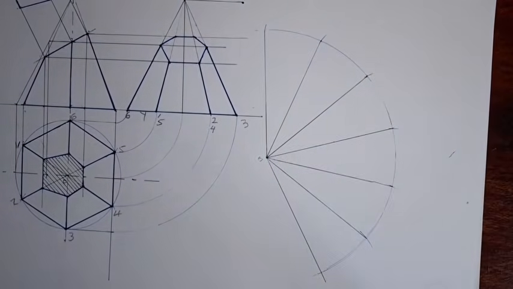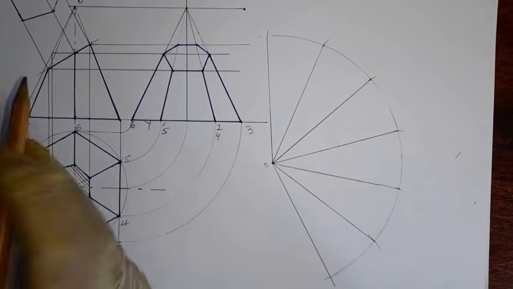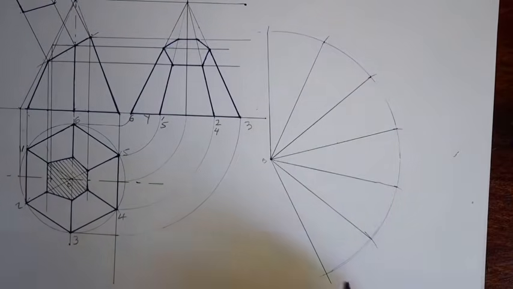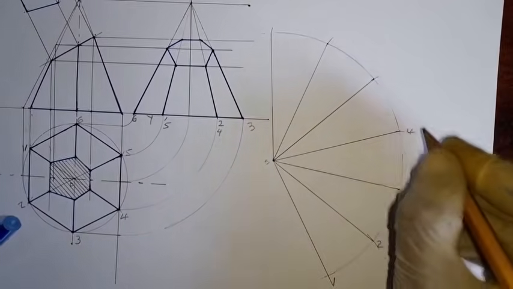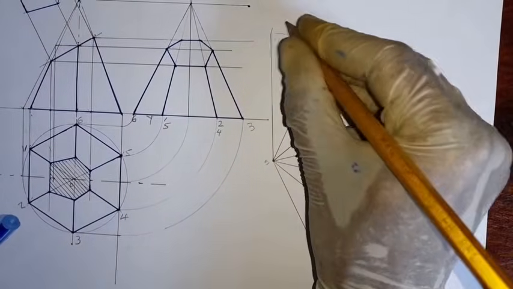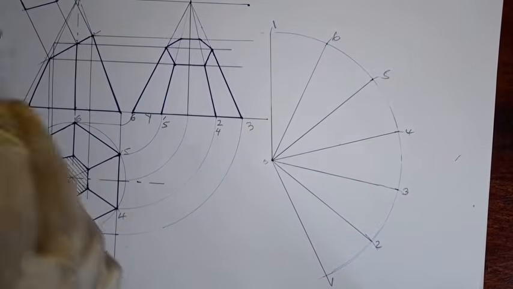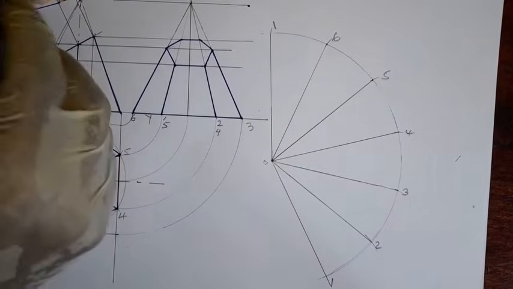Once you have joined, we expect to transfer this point again back here. So we first of all name this 1 2 3 4 5 6 back to 1. So we are going to carry the first one, 0 to 1.